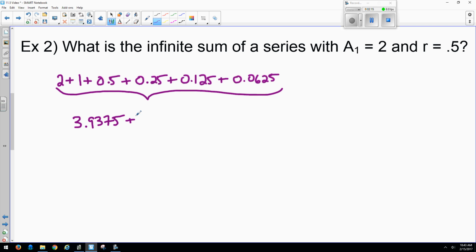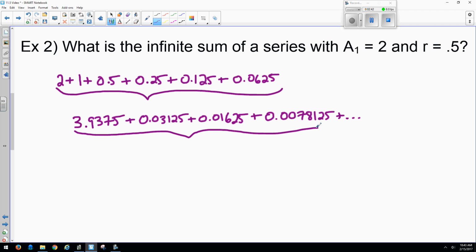If I keep going and add on a few more terms, taking half of this number, and so on, and keep adding up those numbers, this sum right here is 3.9921875.